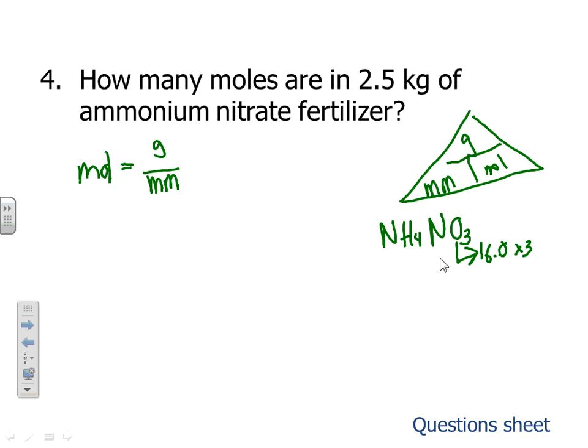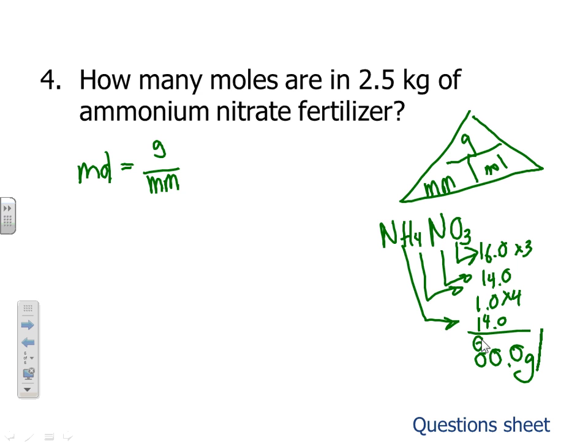Notice I got 2 nitrogens, but I would do them separately. 14 times 1. 1.0 times 4. And again, another 14 times 1. Multiplying it. 16 times 3 plus 14 plus 4, because 1 times 4 is 4, plus 14 equals 80.